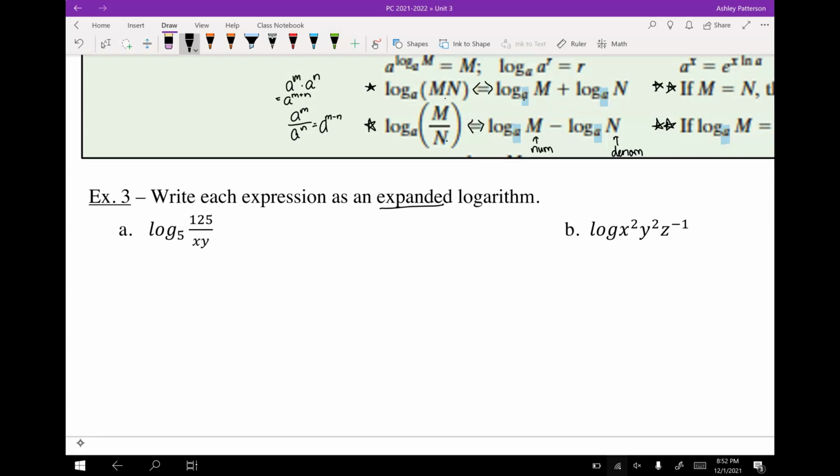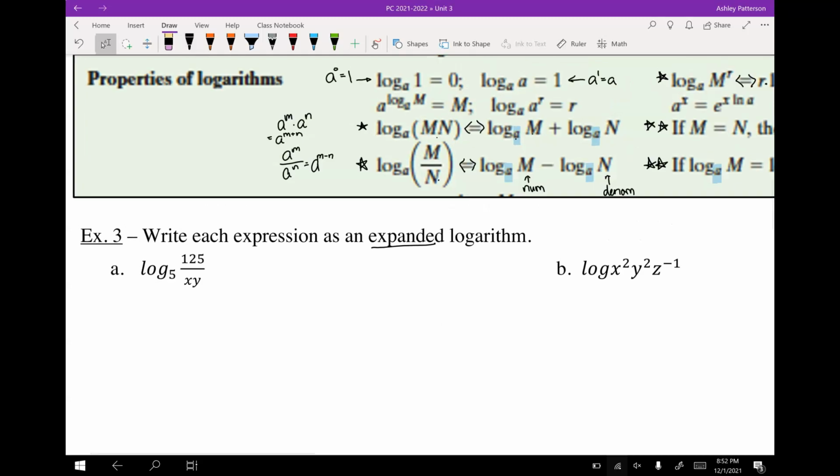So when you're expanding, the first property that you always want to see if you can use is the product and the quotient property. You want to use the power property last. So if we look at A, I see that there is a fraction.